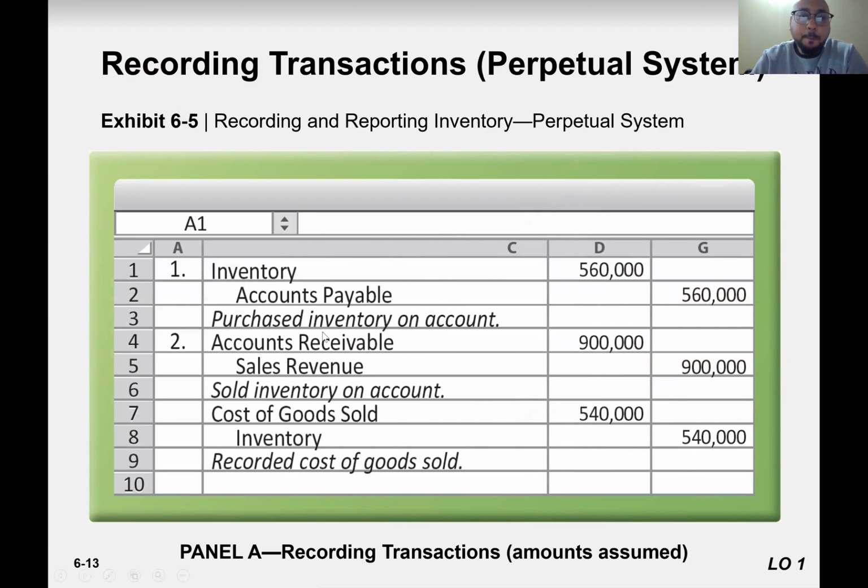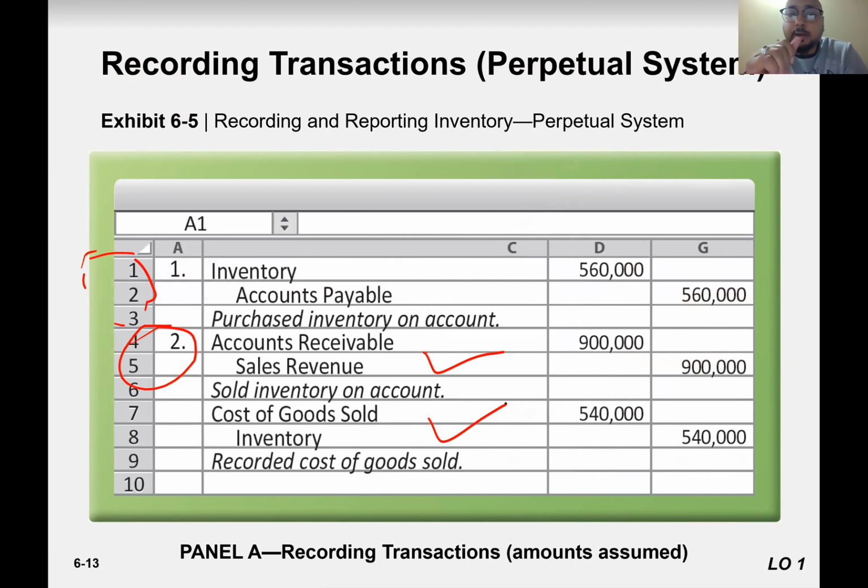We have the example here. We don't have an illustration, it's just for random purposes. Whenever we have sales, you need to record two entries. One is for your sales and one is for your reduction in inventory.